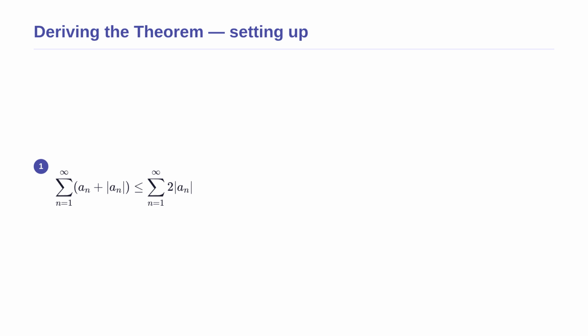Now we invoke the comparison test from calculus. This test tells us that a series smaller than a known convergent series must also converge. Since our combined expression is bounded above by this convergent series, the sum of a sub n plus its absolute value must also converge to a finite value. Our all positive series is perfectly well behaved.